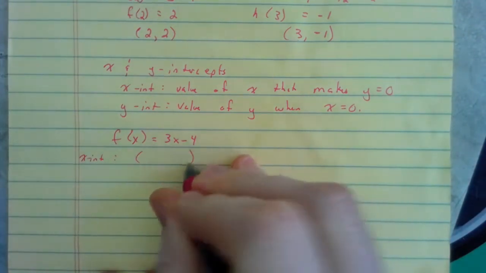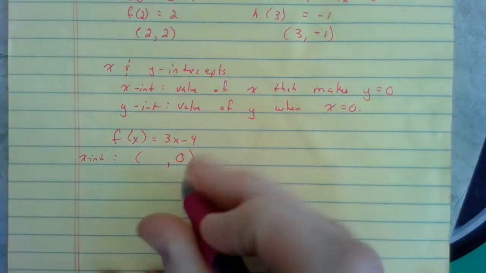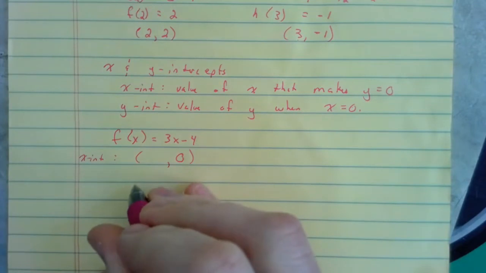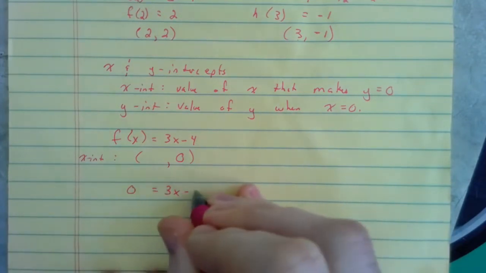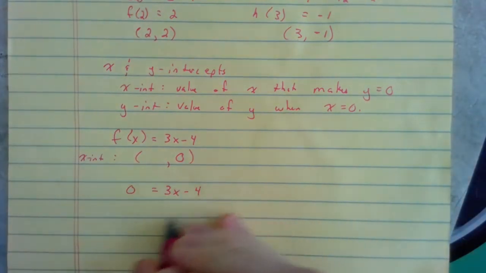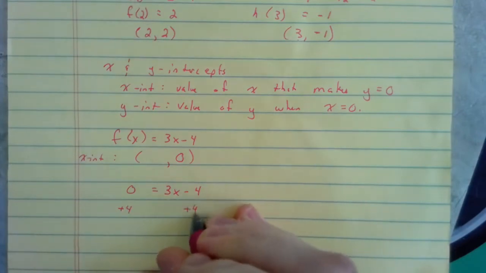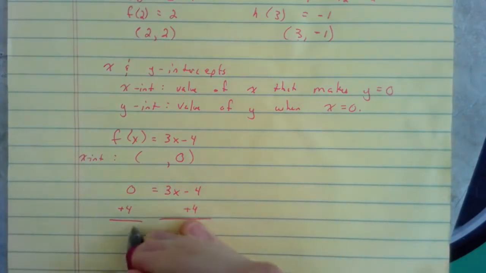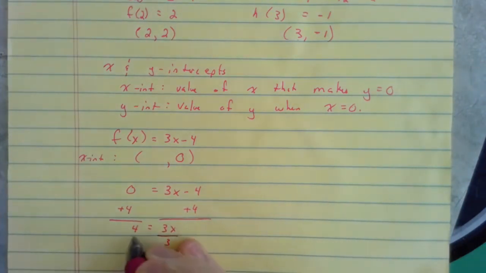I know I want the output to be 0, so I'm going to let f of x equal 0. So I'm going to put 0 equals 3x minus 4. I'm going to see what number makes that equal 0. If I add 4 to the other side, I end up with 4 equals 3x, and then I divide each side by 3, and I can see that x equals 4/3.